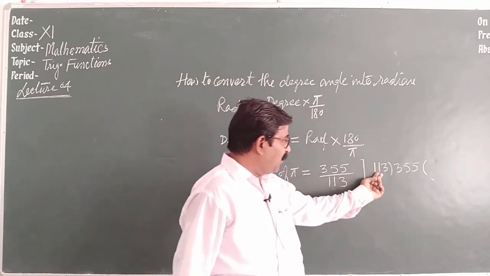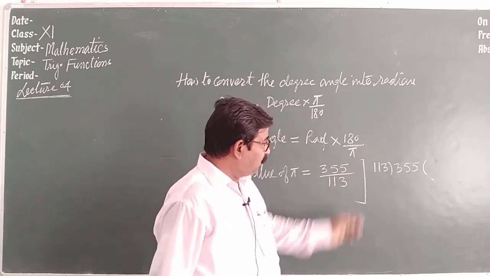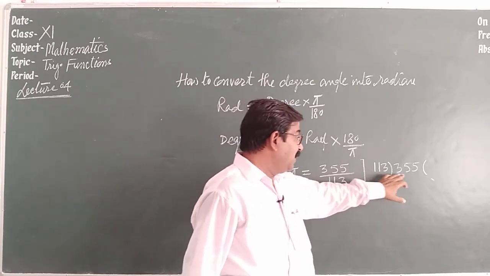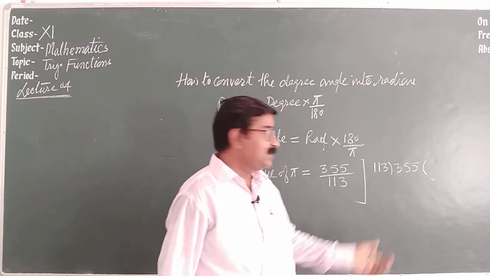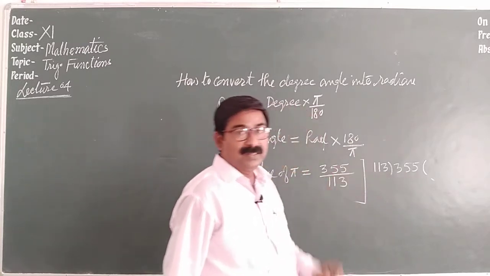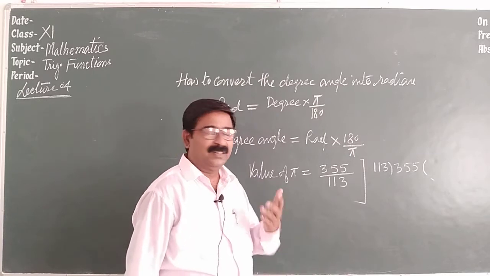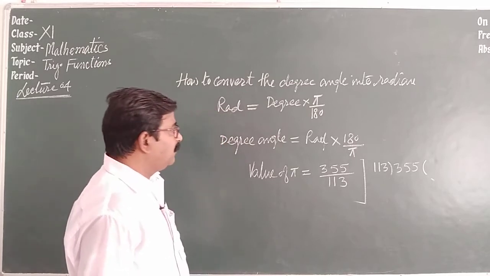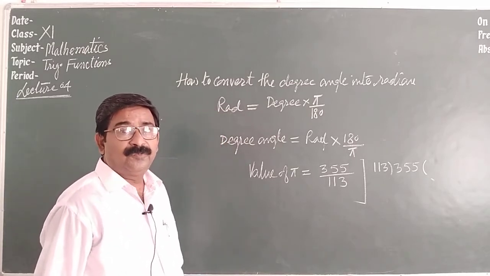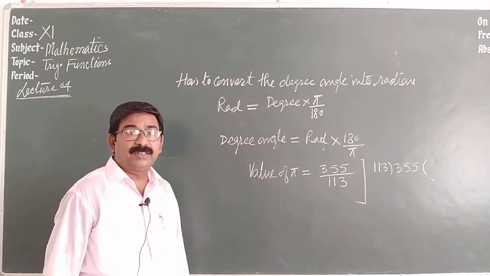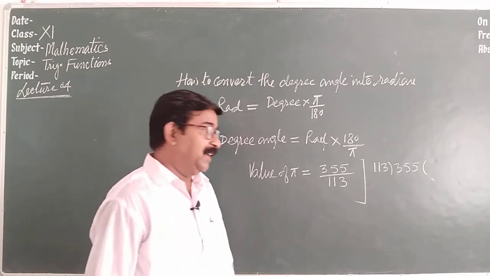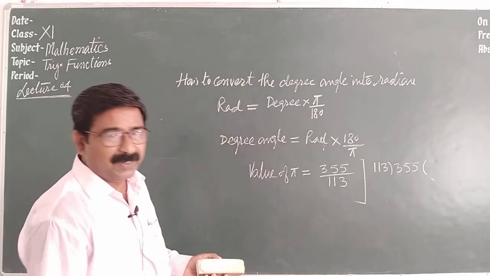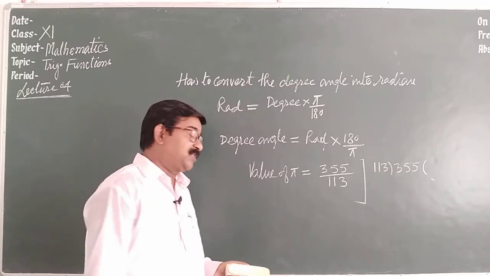The first three digits are the denominator and the last 3 digits are the numerator. Means the larger number is the numerator and the smaller number is the denominator. So this is how you can learn this exact number. Got it? So today we will practice some questions of conversion, how to convert radian into degree and degree into radian. So better we start the exercise. One exercise we can practice, and after that we shall proceed with our lecture.